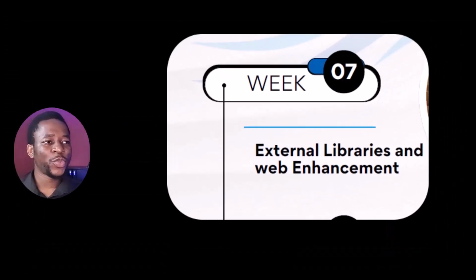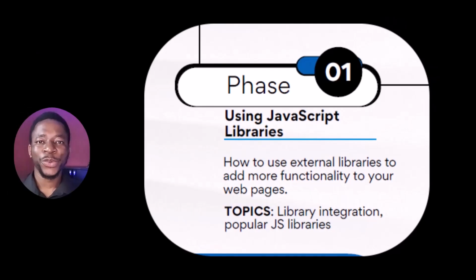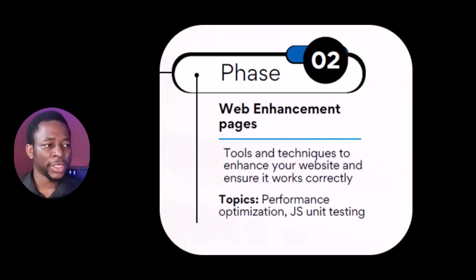And in the 7th week, we're going to be looking at how to use external libraries and web enhancement. External libraries can add powerful features to your site. We'll learn how to integrate these libraries into your projects, extending their functionalities. And of course, for web enhancement, we're going to be looking at tools and techniques to enhance your website and ensure it works correctly.